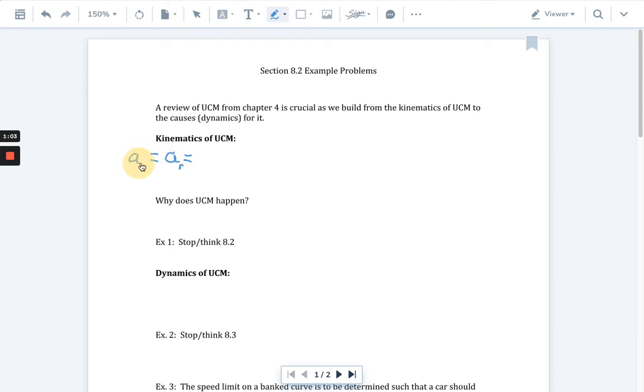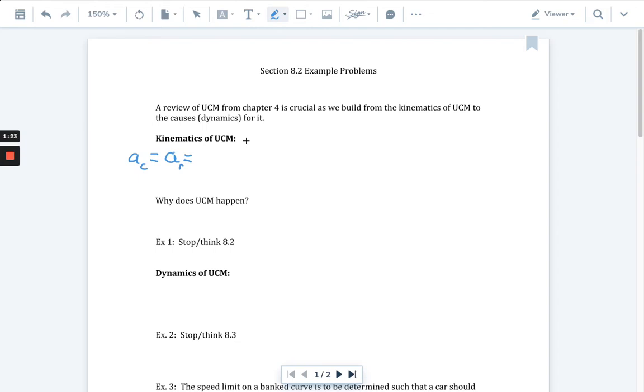And now in this unit, the reason that they're back to it is because now they're talking about the forces that actually cause circular motion to happen. And it's still uniform, meaning constant speed. Velocity is changing because it's changing direction as it curves around the circle, but constant speed.